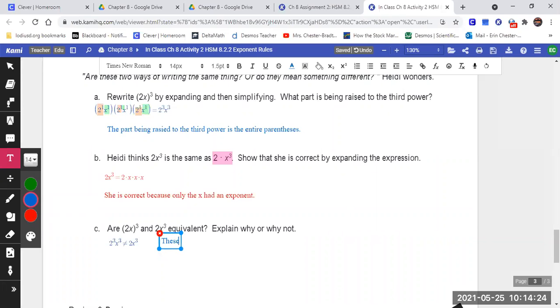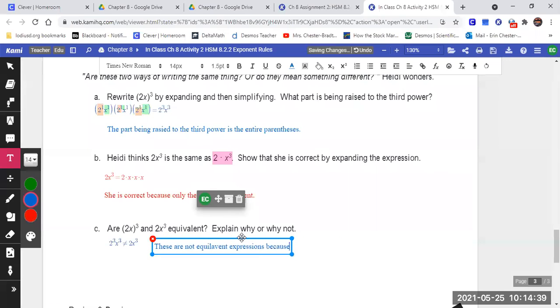Why not? These are not equivalent expressions because why are they not equivalent? What's different between the two? What's different between the two that made it not equivalent?